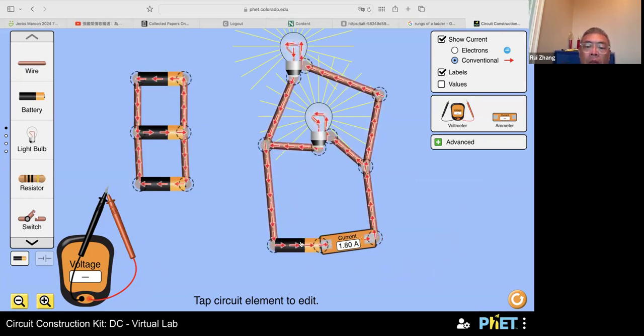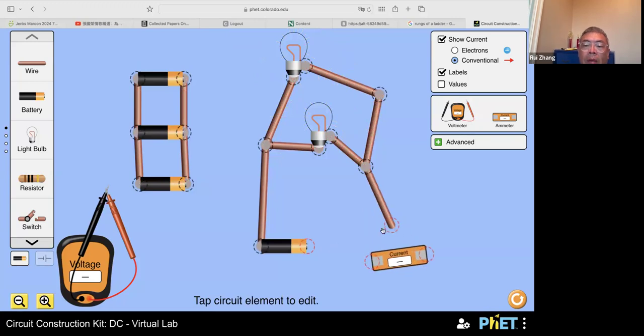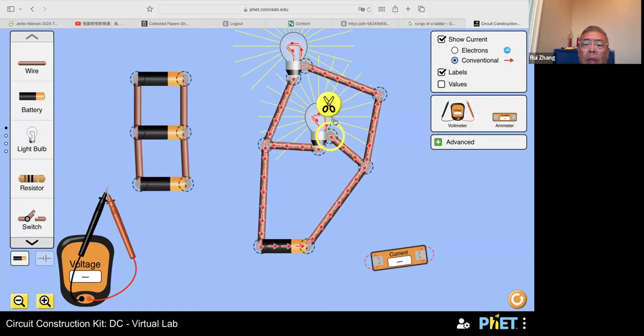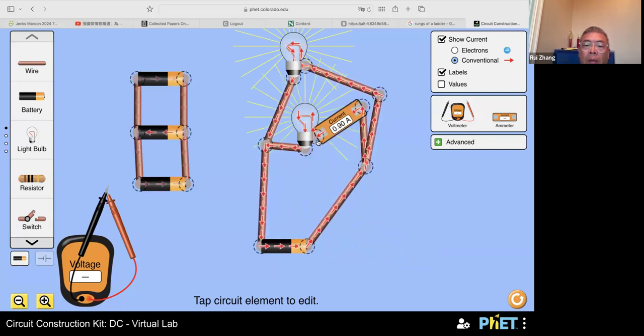To measure the battery current, you connect it like this. Now suppose you want to measure the current going through the first light bulb. You break your circuit here, and then connect your ammeter here. That's your light bulb current for this branch. Again, you connect your ammeter in series with the device you want to measure.